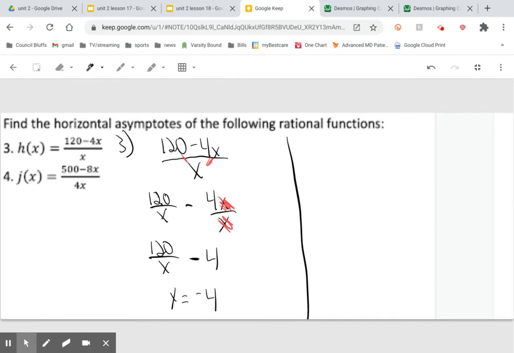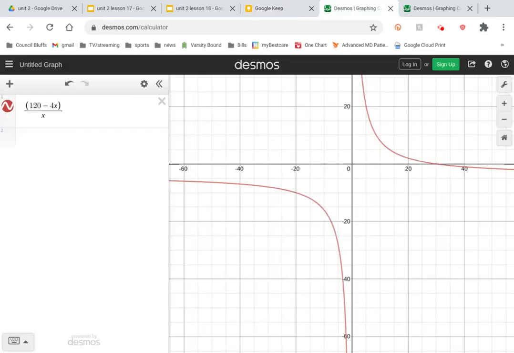Now, why y equals -4? Because horizontal lines start with y equals. Vertical lines, like the ones we saw yesterday, start with x equals. To give you an idea of how that looks, if I look at the Desmos graph, there is my graph of number 3 here, and you can see it's got the same general shape as yesterday.